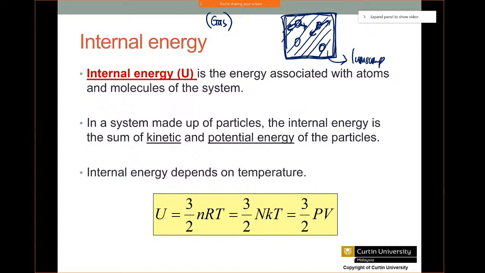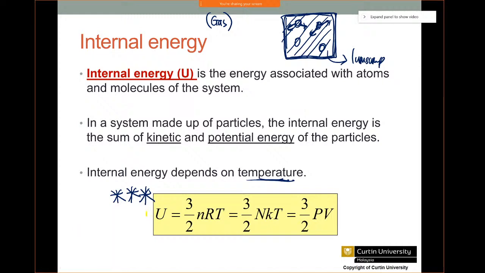This internal energy depends on the temperature. Imagine when you have a higher temperature, isn't it that your molecules are moving faster? So it actually depends on the temperature. The formula for internal energy is given by 3/2 nRT.